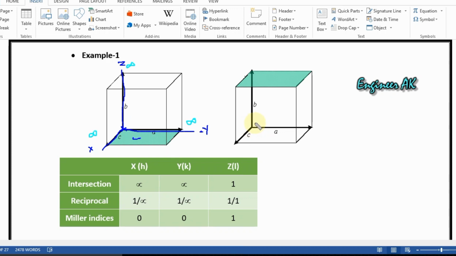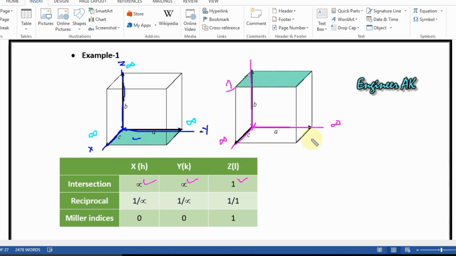Now if I take this as my origin and move along the x-axis, it is not cutting this plane, so it will be infinity. Similarly, if I move along the y-axis, it is again infinity because it is not cutting this plane. And if I move along the z-axis, it cuts the plane at 1. So here I have x-axis infinity, y-axis infinity, and z-axis 1.